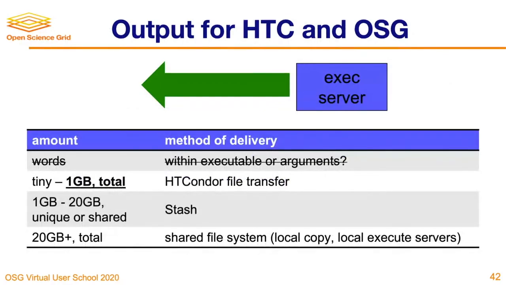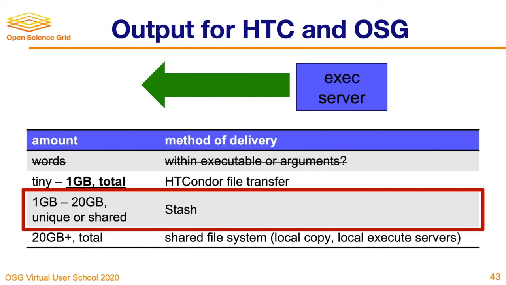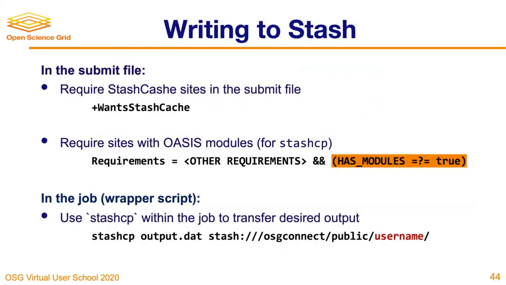All right. So for output, again, we can utilize HTCondor file transfer, just like we've been using so far. We can also use Stash. So to write output to Stash, you're going to need the same changes to your Condor submit file. You need that want Stash cache flag, as well as the extra modules requirement.